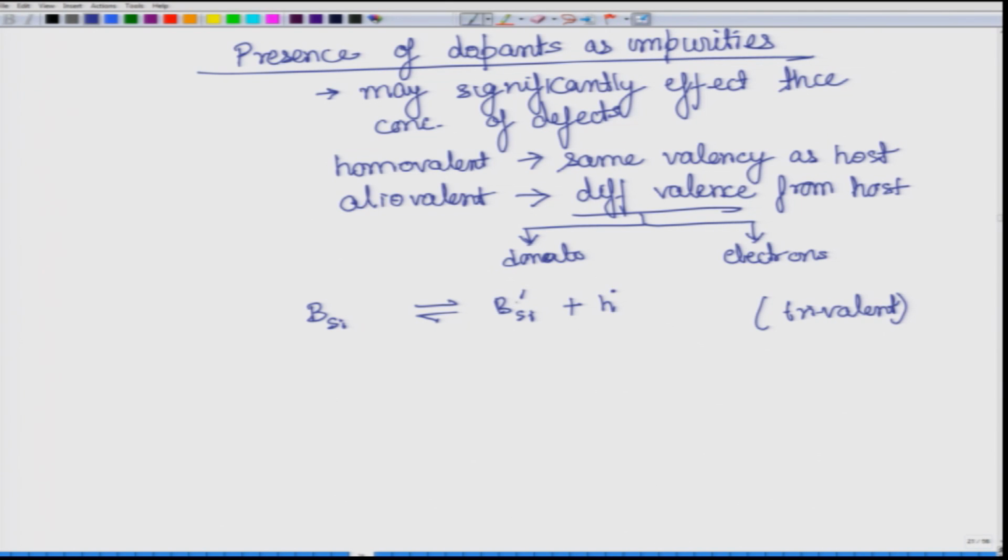If you look at the charge neutrality for this reaction, you would realize that there should be a hole generated. So you can see that this equation can so easily predict that a hole has to be generated for each and every boron atom that sits at a silicon site. Now, let us look at the other type of example as a dopant, which is phosphorus, which is pentavalent.